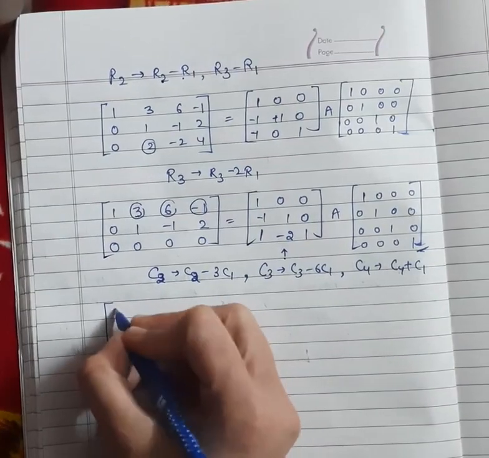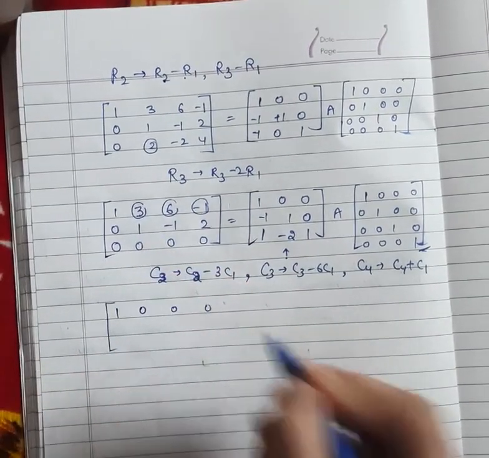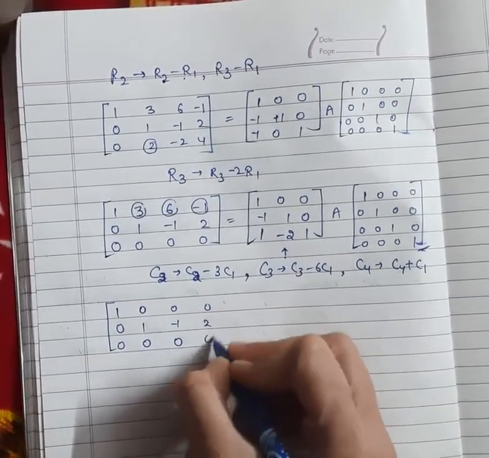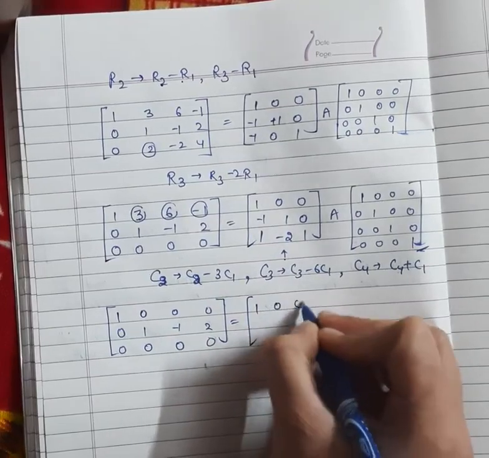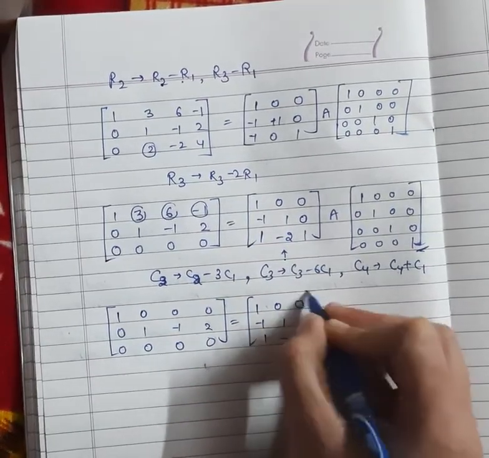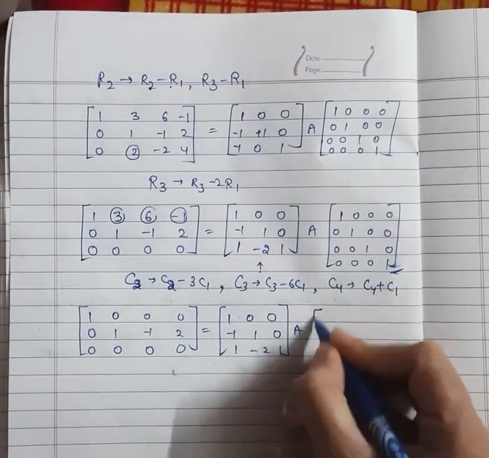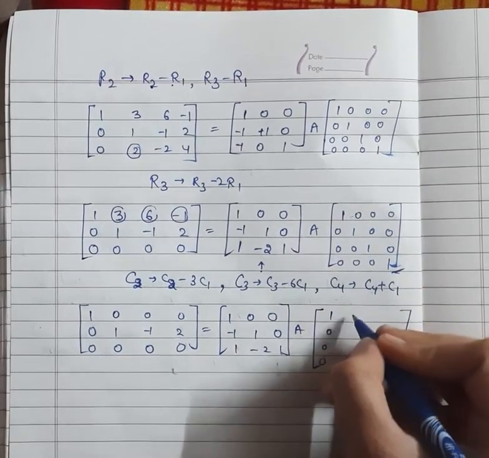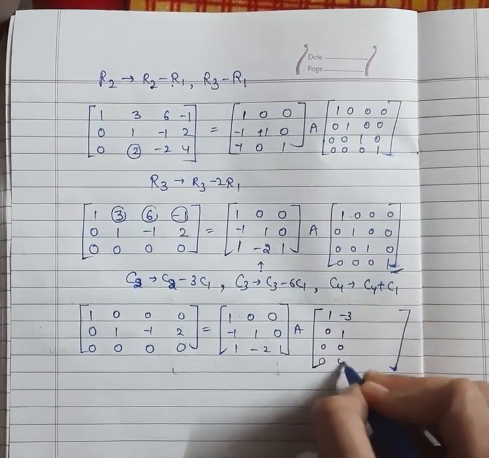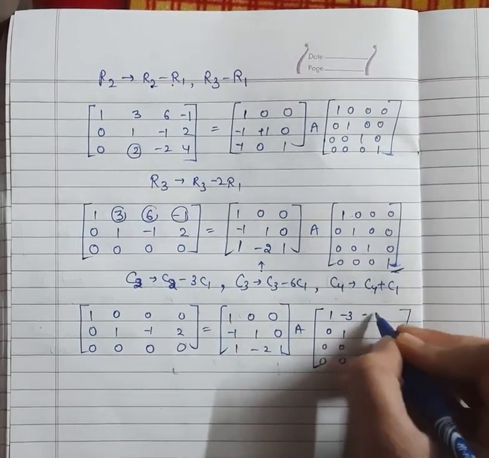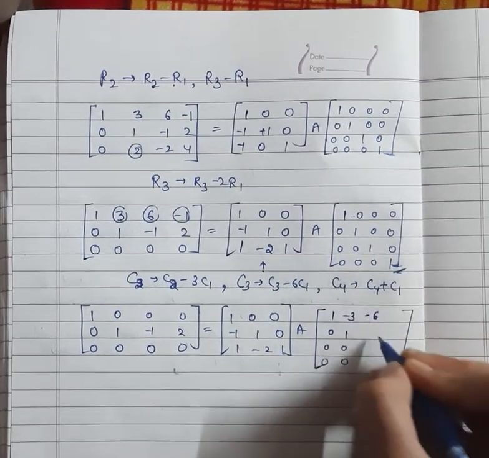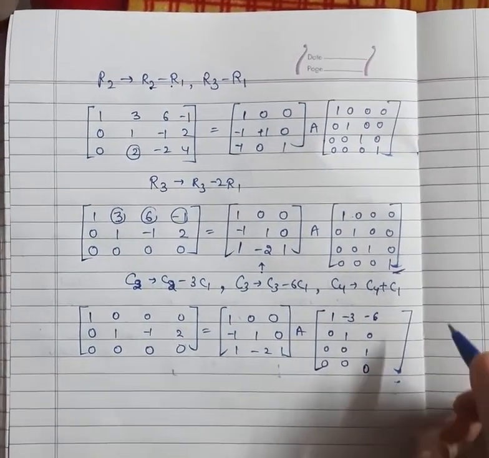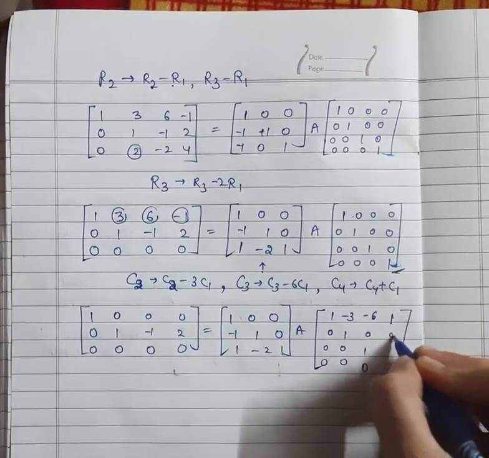Let's continue. So we get, and this matrix will remain the same, and applying the operations here now: C2 minus 3C1, so it's minus 3, then C3 minus 6C1, and then on C4, C4 plus C1.